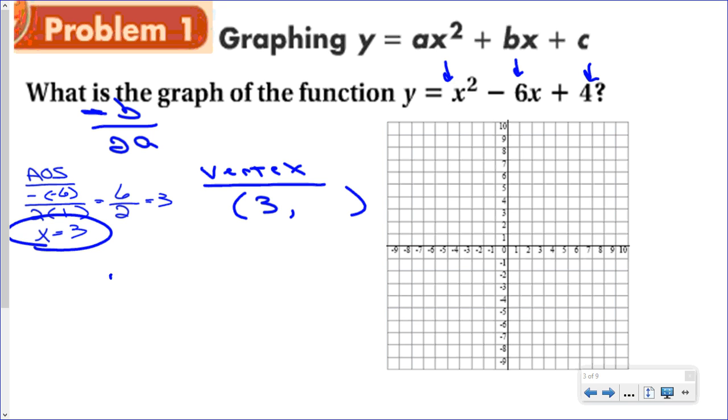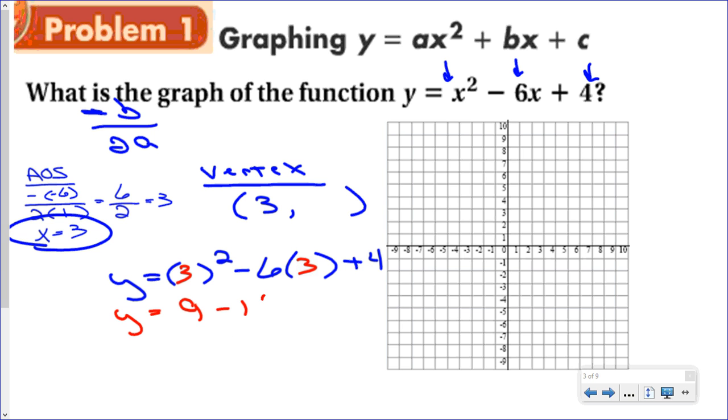So it'd be y equals open spot squared minus 6, and then an open spot, plus 4. You take the original equation and you put in the number 3, because for our axis of symmetry, we got 3. Do a little reducing down, we get y equals 9 minus 18 plus 4, or in other words, y equals -5. All right, so we'll put that right here.